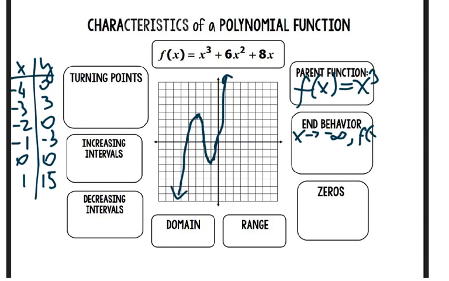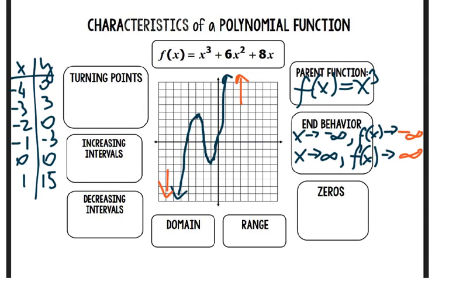My function f of x is going to approach -infinity as well. But then we're going to look at the right end. When x approaches +infinity, the function value is going to approach +infinity on the right. This is end behavior.